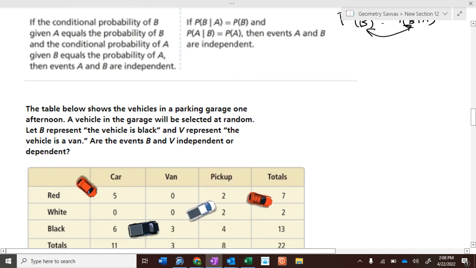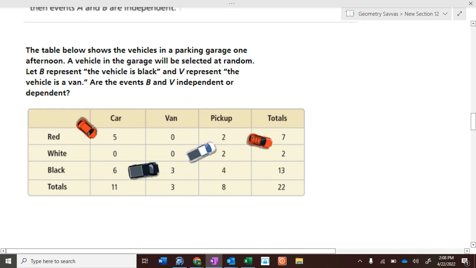Okay? So what about a black vehicle and a van, independent or dependent? Well, let's look at the probability of black and see if that is equal to the probability of black given it's a van.